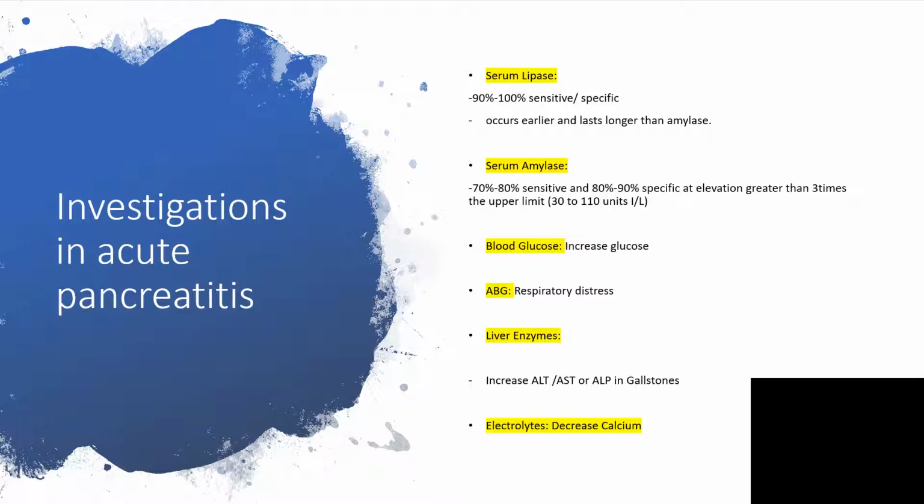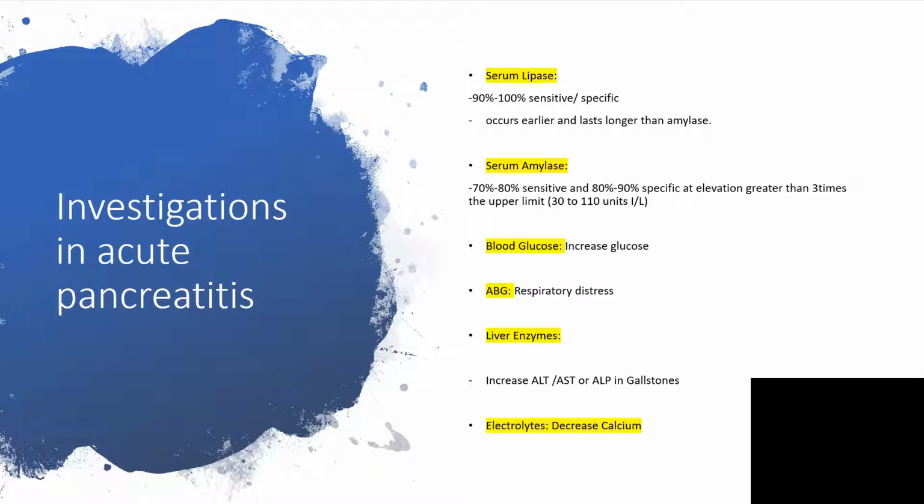Arterial blood gases should be assayed because there is likelihood of respiratory distress, from what I've stated as part of the clinical features in my previous presentation on acute pancreatitis. Liver enzymes should be assayed because I've talked a lot about alcohol, and how alcohol and triglycerides hit your pancreas.